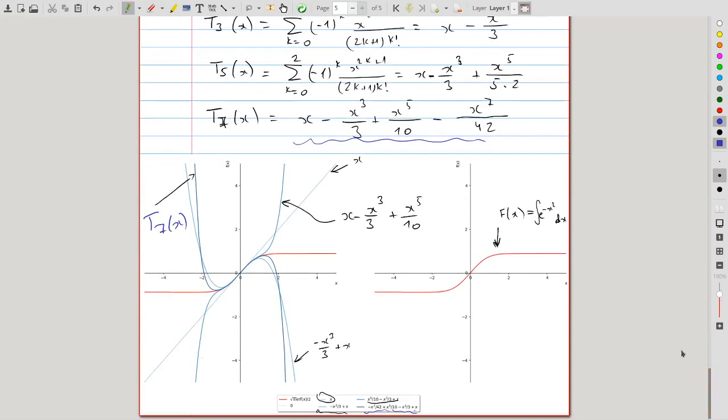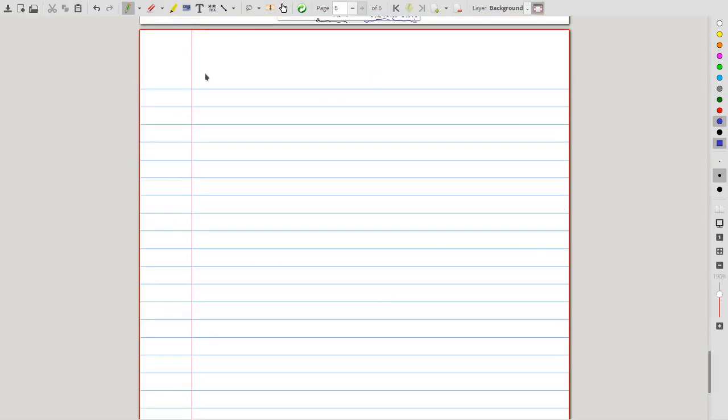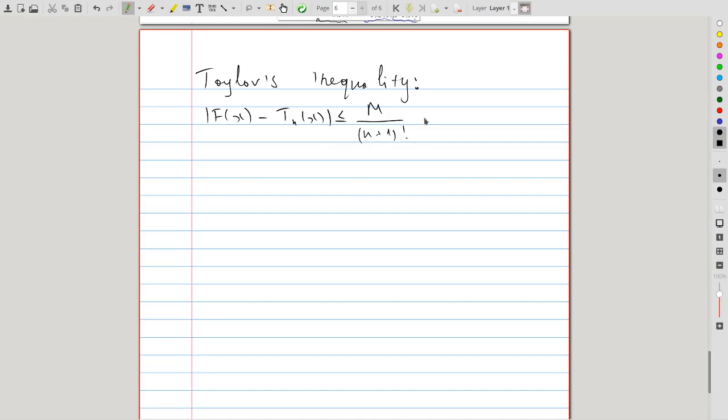And so indeed, if we were to compute the error of this approximation, let's use Taylor's inequality, which says that the absolute value of f of x minus Tn of x is at most M over (n plus 1) factorial times the absolute value of x minus 0, in our case, to the n plus 1.